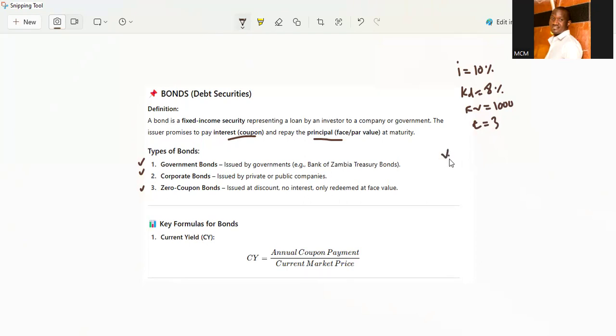The simplest way of calculating the value of the bond is the summation of the coupon payment divided by what? The discount factor, 1 plus KD to the power of 1, and the face value at the end over 1 plus KD to the power n, the actual year.